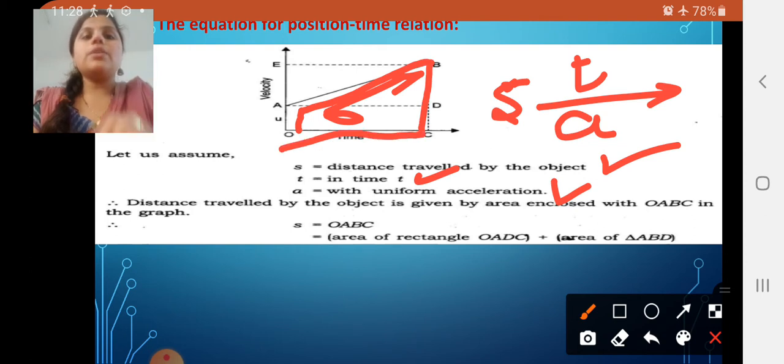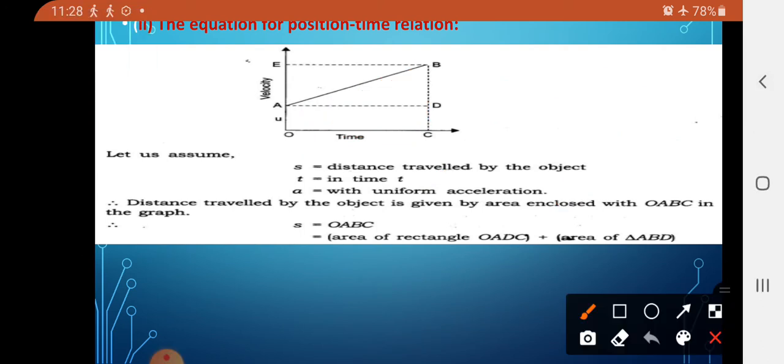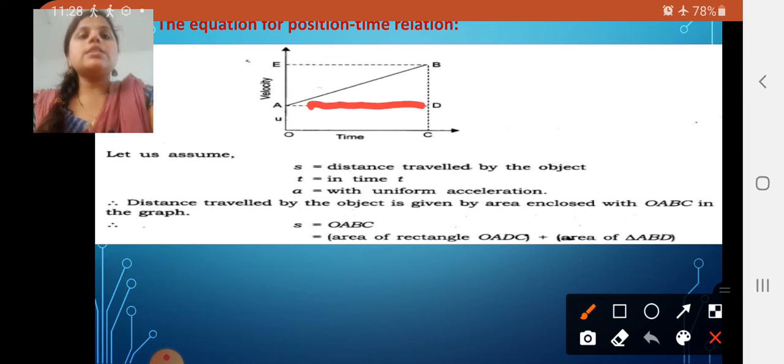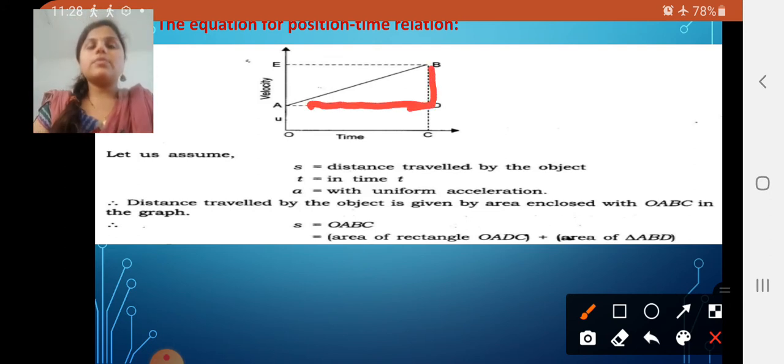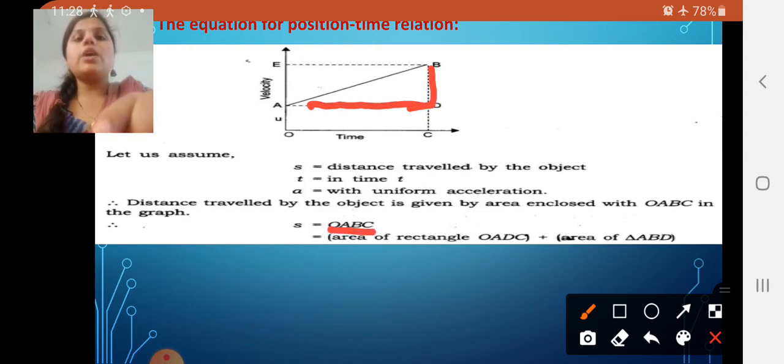Where is the OABC? Now here two things you can observe. What are those two things? You can see the triangle, because we are considering OABC.